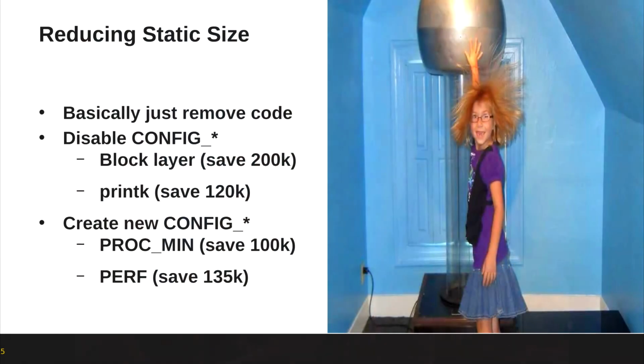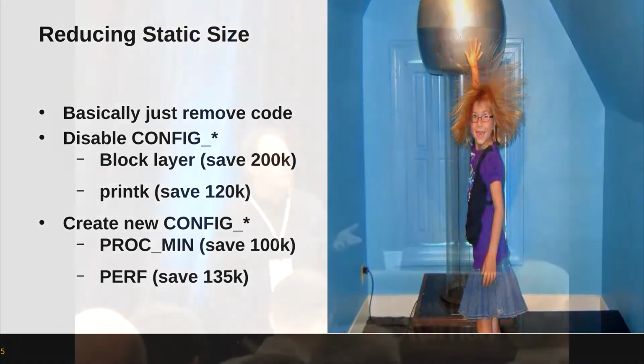An example of this would be the proc file system. I turned off the proc completely, and then found that I wasn't able to boot, and that's because the boot process on my system actually needed proc mounts and proc file systems just to boot. And then beyond that, there are certain utilities like PS that require the proc file system in order to function.